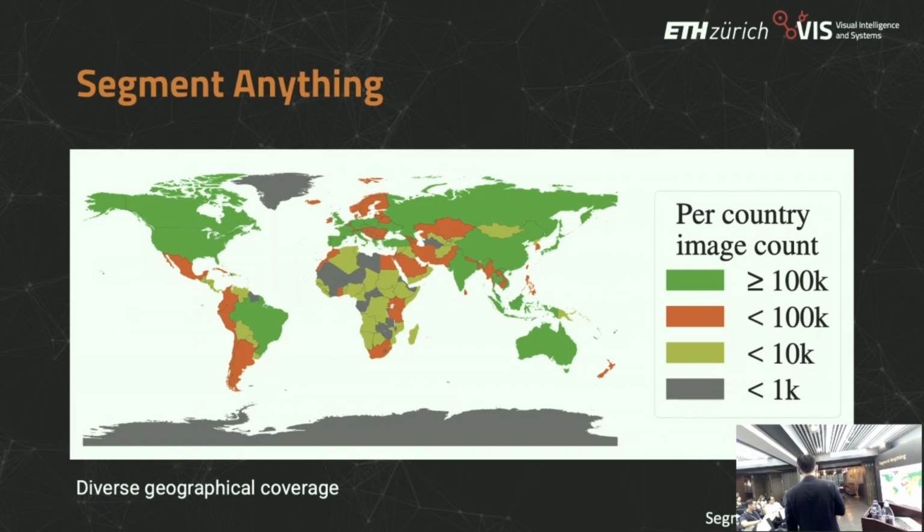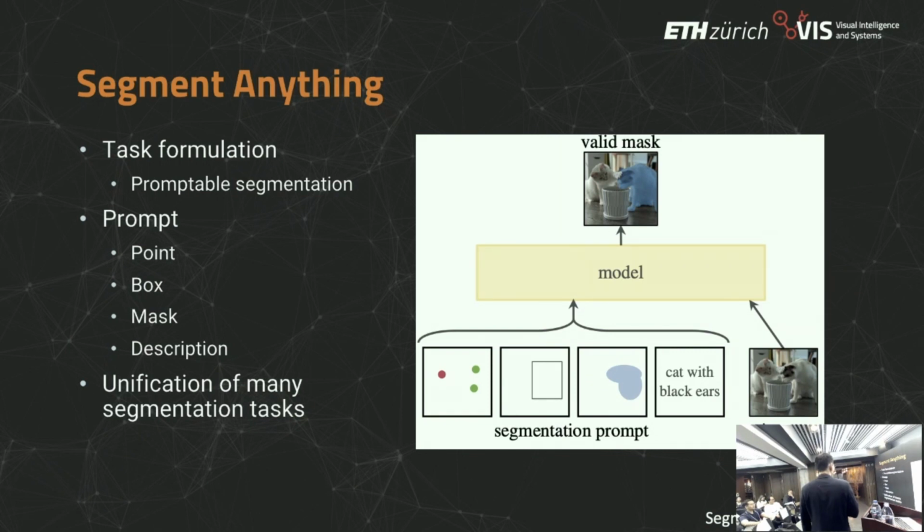First of all, they actually collected the data from everywhere in the world. That sounds easy, but labeling the data is very challenging. We will discuss that a little bit later. The model they present is basically a simple model with some prompts. This prompt is very similar to the object query we discussed in detail in the transformer method for object detection.